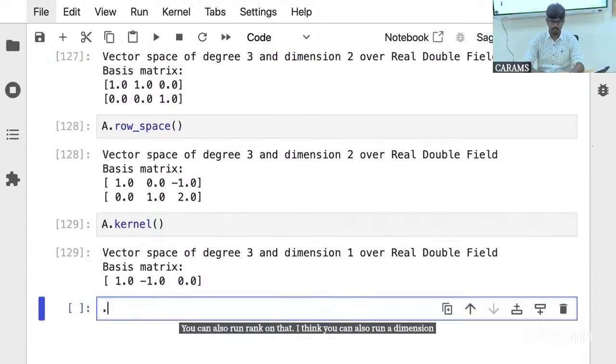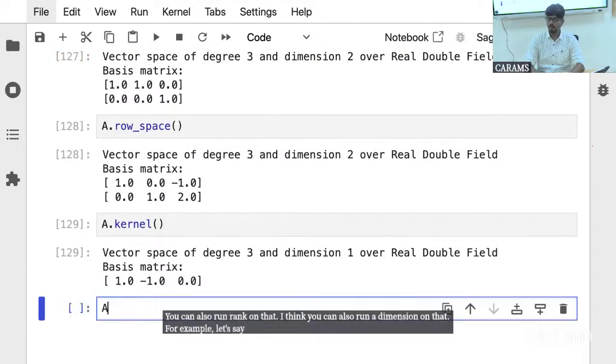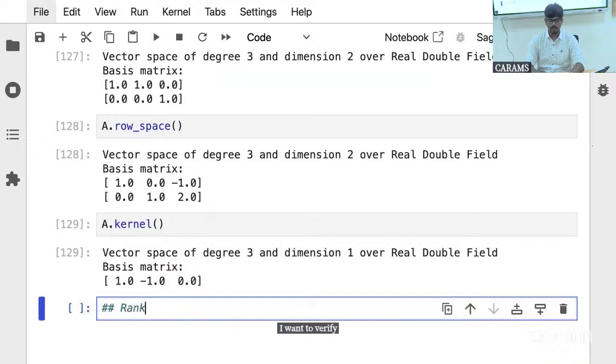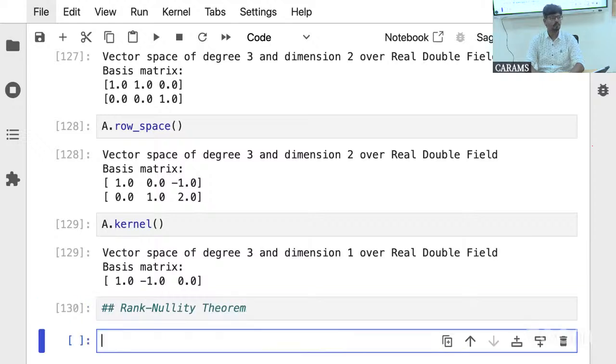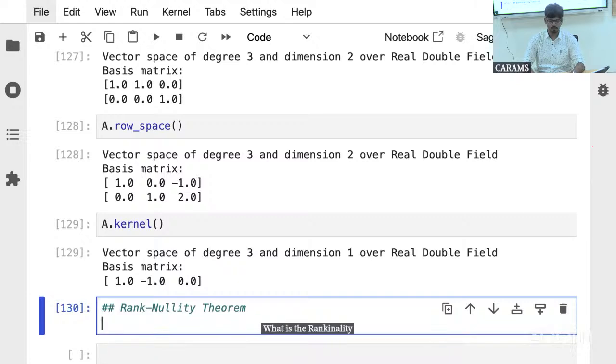For example, let's say I want to verify the rank and nullity theorem. Can you tell me what the rank and nullity theorem is?